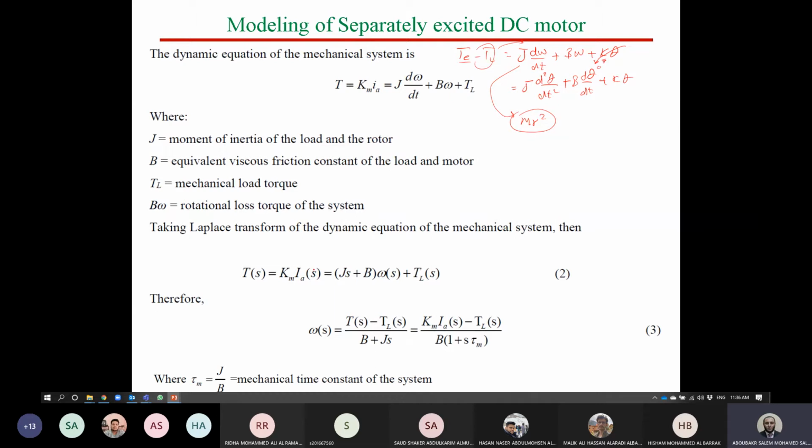Now convert to S domain: Km I of S equals JS plus B multiplied by omega S plus TL of S. If you would like omega on the left hand side, you can say omega equals T minus TL over JS plus B, and also you can define the mechanical time constant, similarly as we did for the electrical equation, where mechanical time constant equals J over B. So now we can describe our machine by 2 equations, one for electrical and one for mechanical.